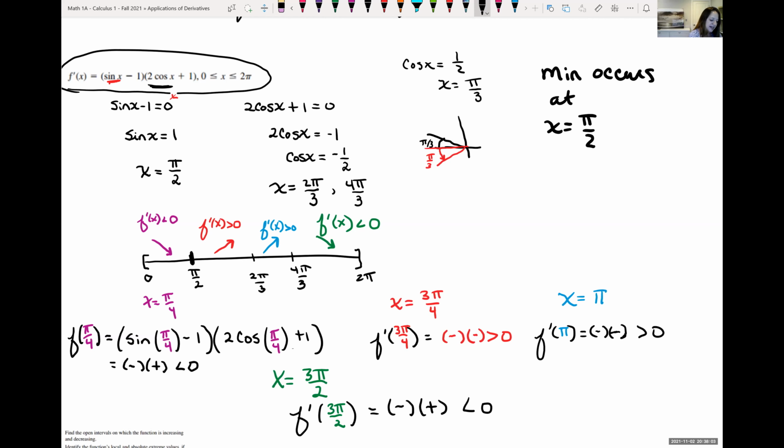Then at 2 pi thirds we have increasing to increasing, so x equals 2 pi thirds is neither a max nor a min. And at 4 pi thirds we have increasing to decreasing, which gives us a max at x equals 4 pi thirds.